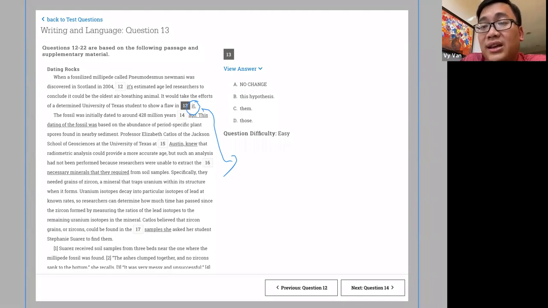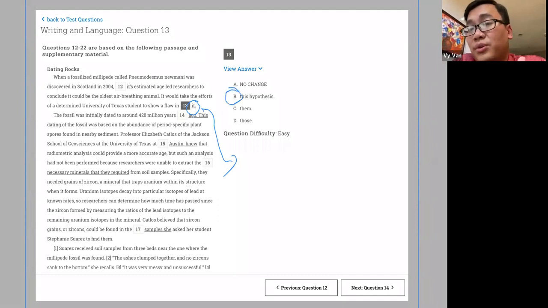So it would take the efforts of a determined University of Texas student to show a flaw in it. Well, or even in them. Here, it's impossible to use either, because they haven't mentioned anything yet. So you cannot use a pronoun here, and the answer has to be B in this case.